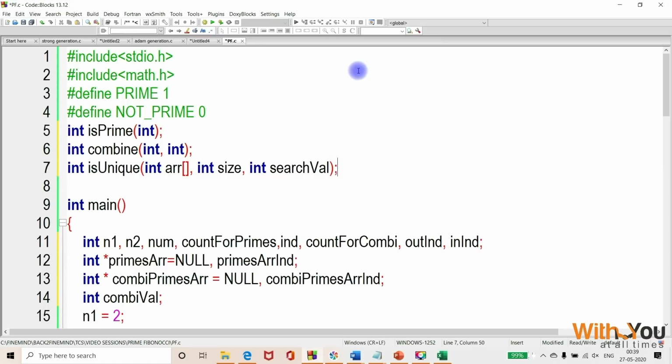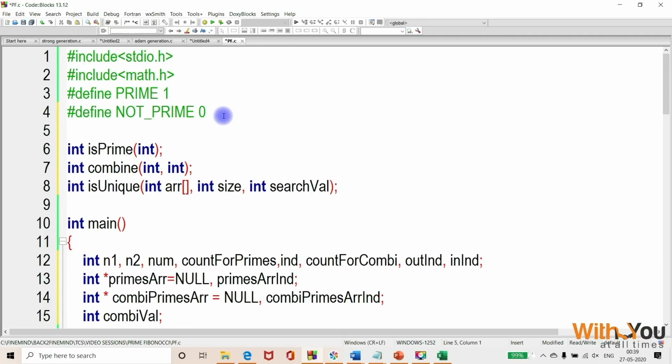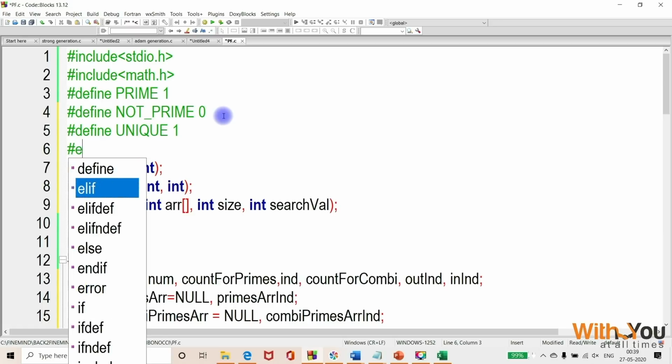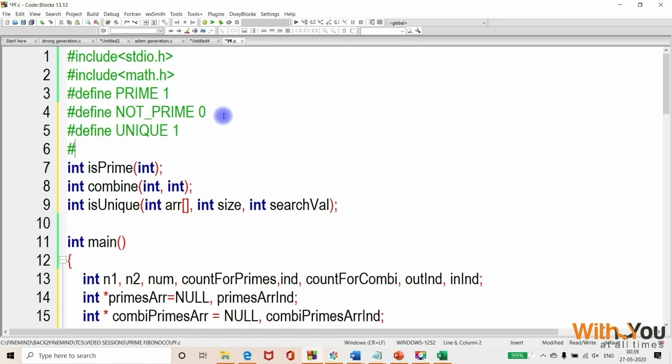He would say whether the search val is there. If it is there, not unique. Not there, unique. So let us have the same way of defining hash. Hash define unique 1. Hash define not unique 0.